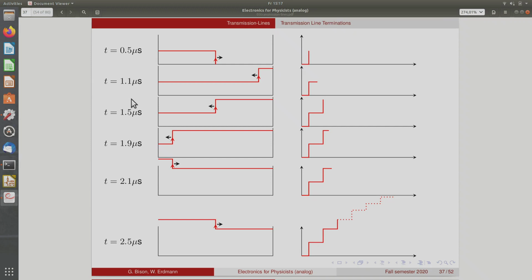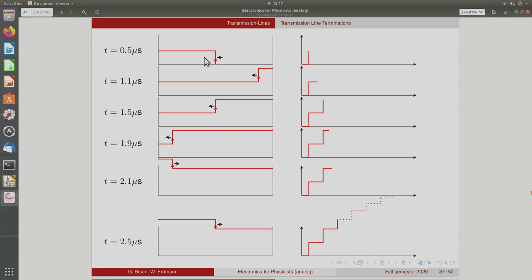Okay, so then something interesting happens when you follow that for a while. So let's see the input makes a step function, goes from 0 to 10 volts. So which means that the input of the cable goes from 0 to 1 volt, and this then travels along the cable. So this is basically as a function of space shown here. So this is the x coordinates. You see how the voltage propagates.